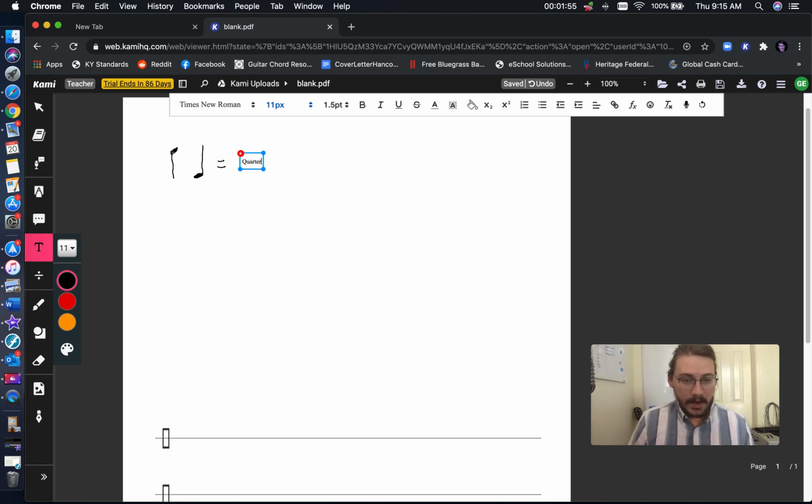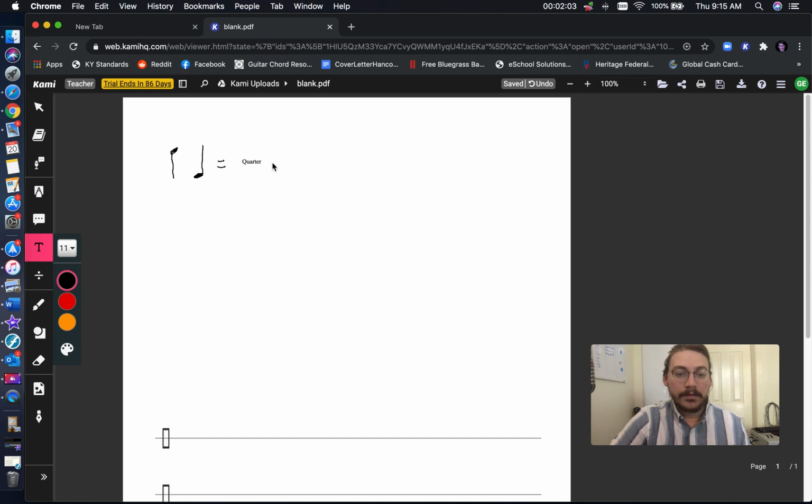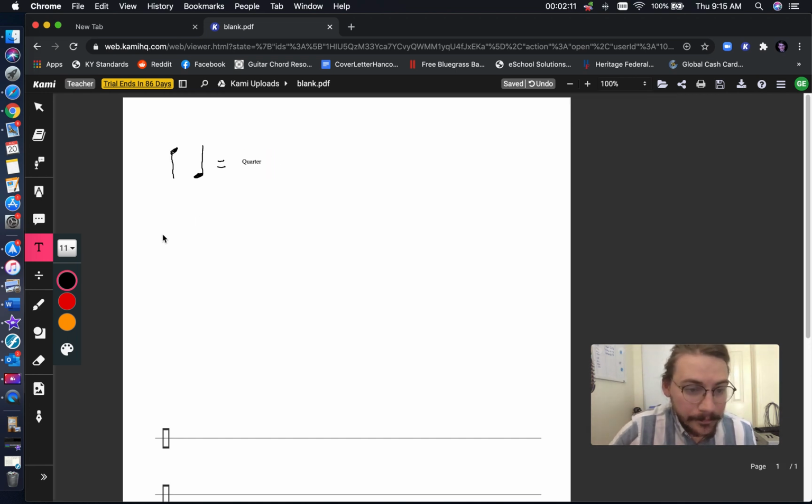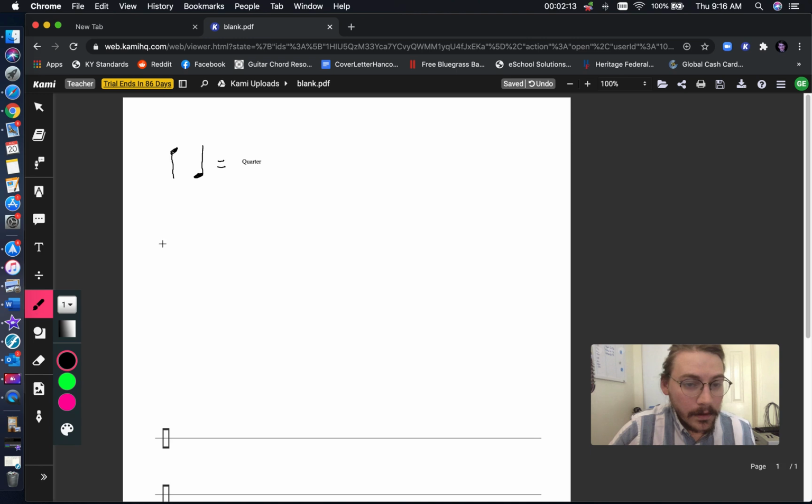Also, please have the ability to take notes with you while you do these. It will help you out and prepare you for the real world. You'll never stop taking notes. So that's our quarter note.